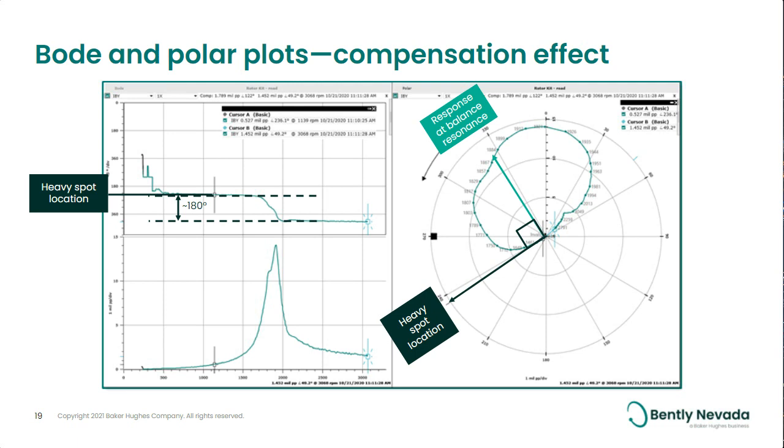So here we have a heavy spot of around 240, 245 degrees. So where am I going to put my weight? I'm going to put that opposite that at 60 or 45 degrees. Okay. And above the resonance, my high spot is opposite the heavy spot. My high spot is at that 45 degrees. So they both correlate and tell me where to put that balance weight.